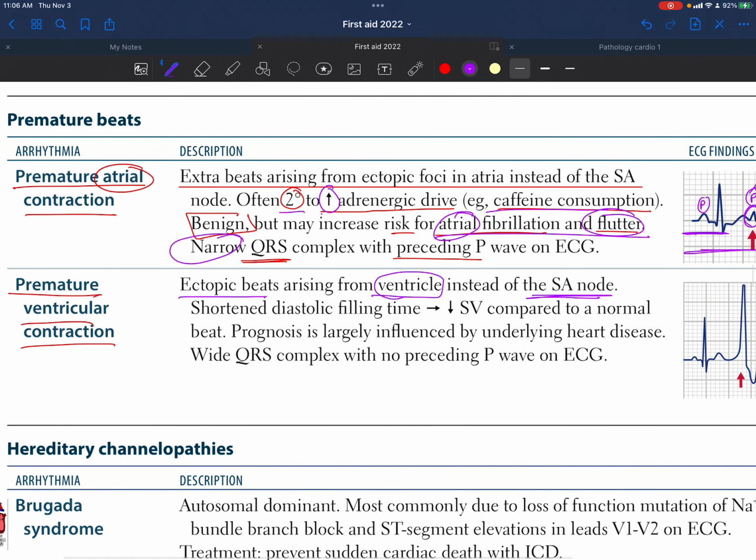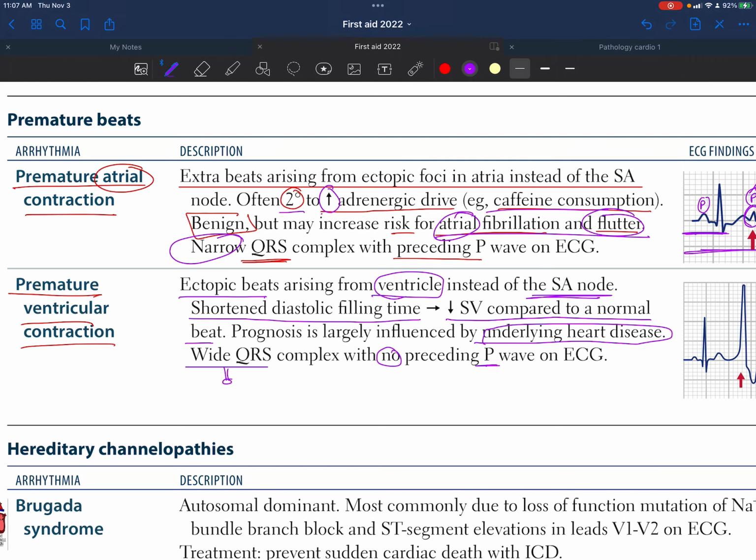These ectopic beats arising from the ventricles instead of the SA node have shortened diastolic filling time, so there is reduced stroke volume compared to a normal beat. The prognosis is largely influenced by the underlying heart disease, what is causing this condition to happen. We see a wide QRS complex with no preceding P wave because it started in the ventricle itself.